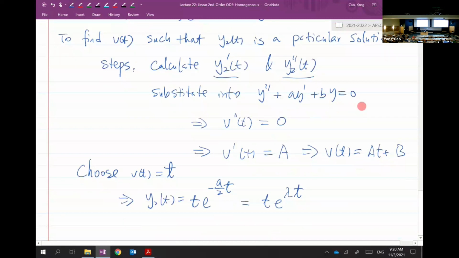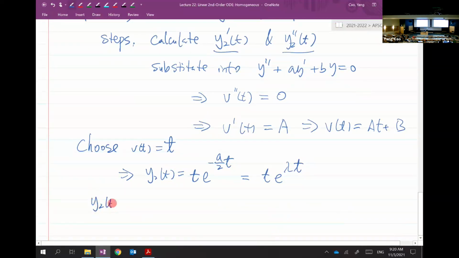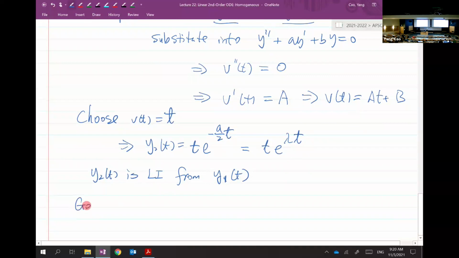All right, so y2 of t is linearly independent from y1 of t. Then I can apply theorem number 3. My general solution is y equal to c1 y1 of t plus c2 y2 of t.